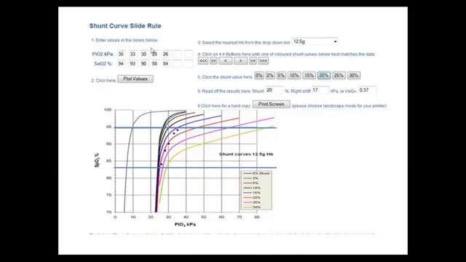There is software available online, and we can apply the same concept on the software. So you have inhaled oxygen pressure in kPa, which if you are at sea level will be almost the same as the inhaled oxygen fraction. So if the infant is inhaling 35%, it will be almost 35 kPa pressure.